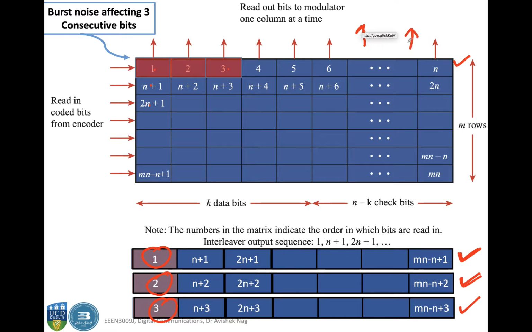So that's why we are doing block interleaving, and the basic advantage of block interleaving is to spread out the effect of this burst noise, so that in each read out block you have only one error, and one error can be easily corrected by a block code, a Hamming code with, let's say, dmin equal to 3.